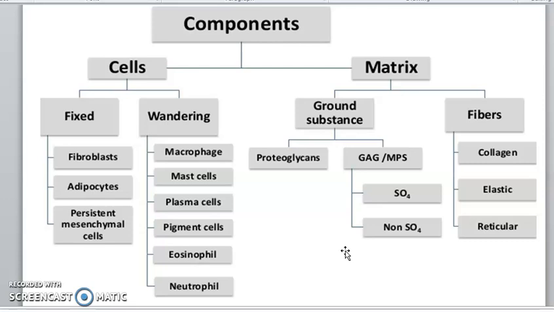The ground substance is made up majorly of proteoglycans. They are also made of the sulfated background or the non-sulfated background, that's the GAG and then the MPS. Then the fibers are either elastic fibers, reticular fibers, or collagen fibers.